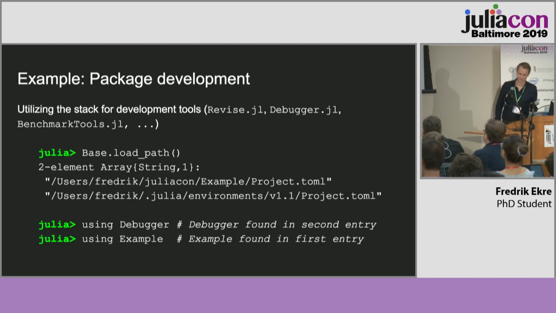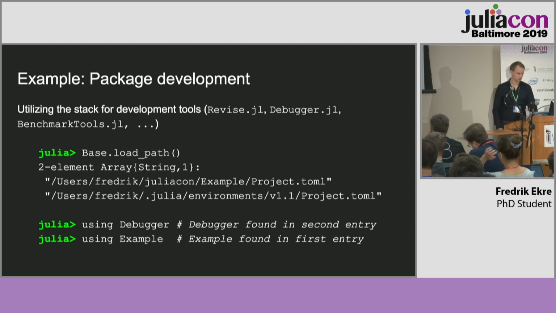Oh, actually now. Okay, great. So this is an example of how to utilize the environment. For package development, if you're developing a specific package, it's very useful to activate that environment and work in that environment as a development sandbox.